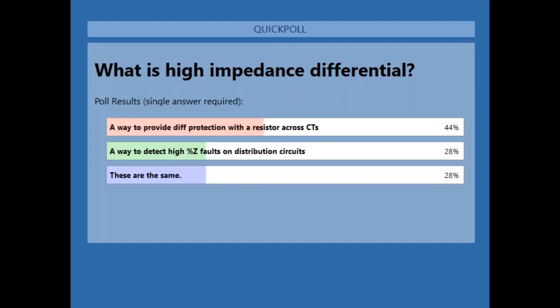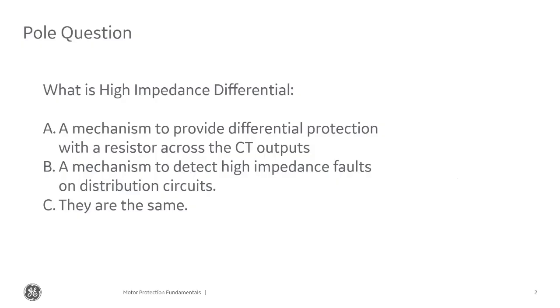Okay. So 44% of you were right. What high impedance differential protection is, or high impedance bus protection, which is high impedance differential, is basically a mechanism to provide differential protection with a resistor across the CT output.